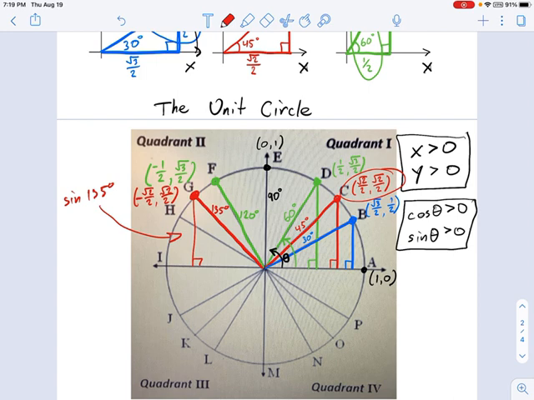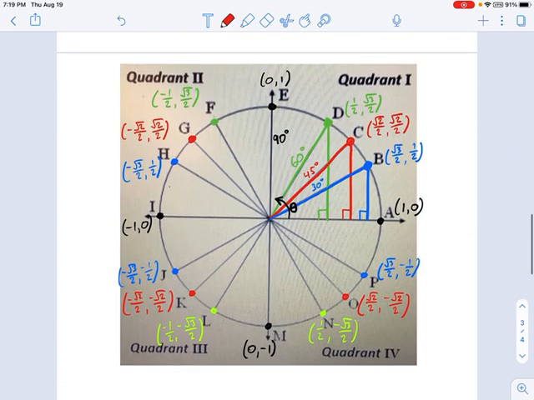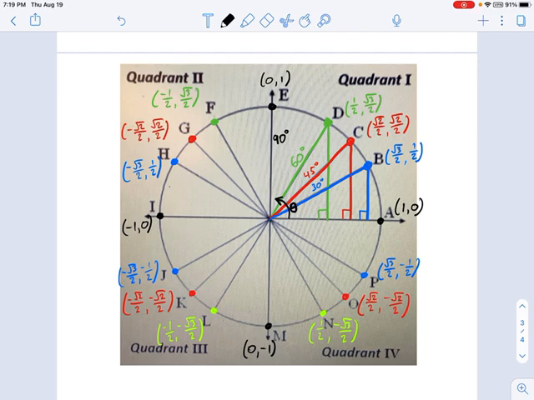Okay, and we're going to take this argument all the way around the circle. And I have pre-drawn this, so we're not going to spend forever on it. But here are all the special points as you go around the unit circle. And take a look, because you can see in each quadrant there are some very intuitive ideas.